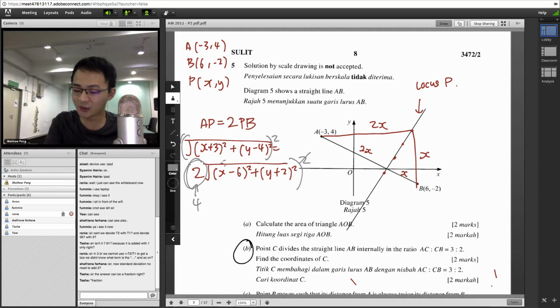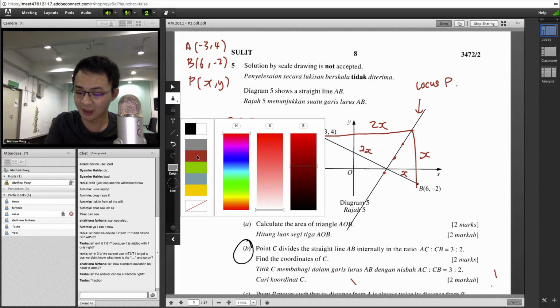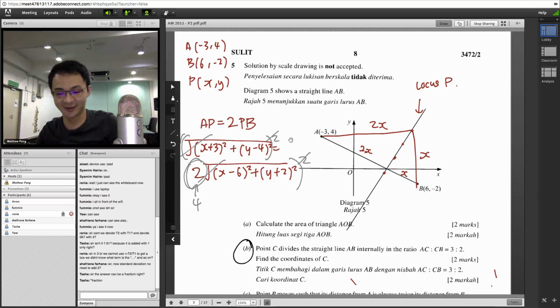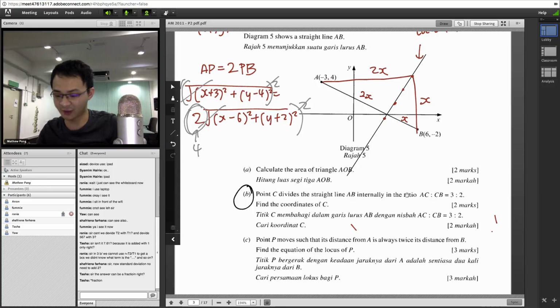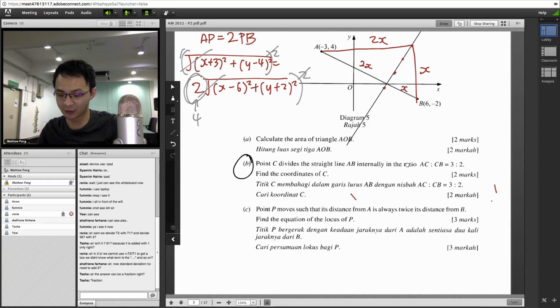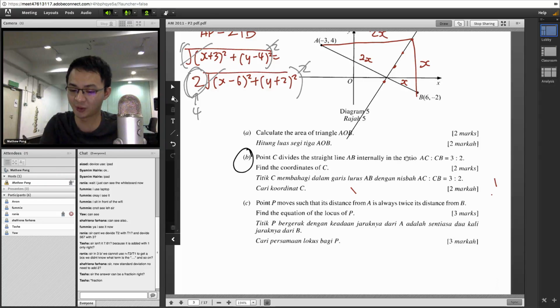And then the square will cancel with the square root, so the square root is gone. Let me expand the equation somewhere over here. Do we have space to write it at the bottom? I hope we do. Yes, a little bit, should be more than enough.